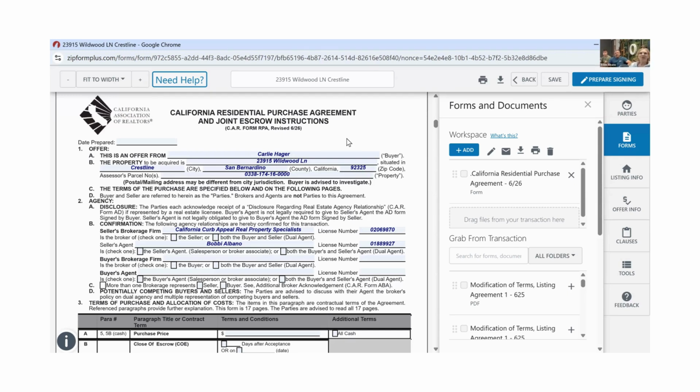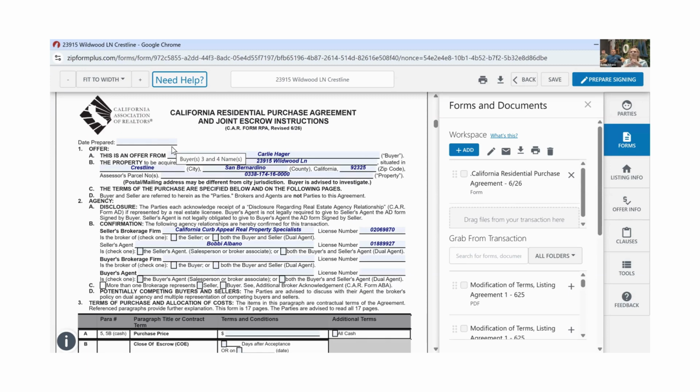You're welcome. All right, so we're going to start at the top. Date prepared. Think about this date prepared as a document number, right? Because all throughout your transaction, you're going to identify this offer from any other offer by that date prepared date, right? So whatever the date you're preparing, it doesn't really matter because it doesn't have to do with timing.